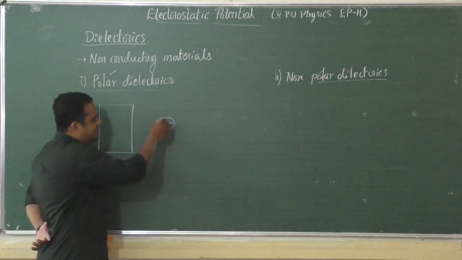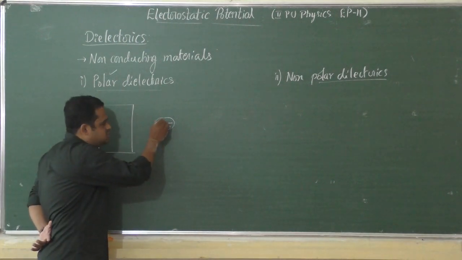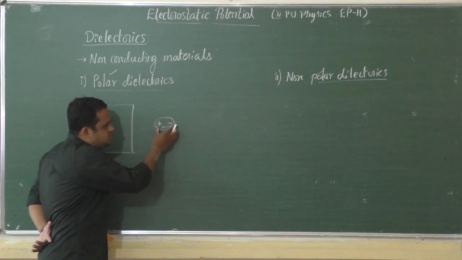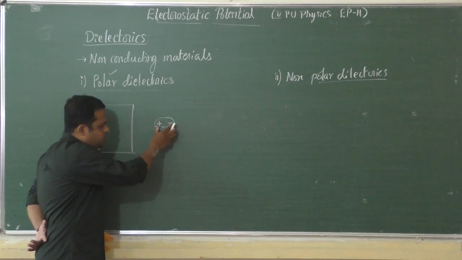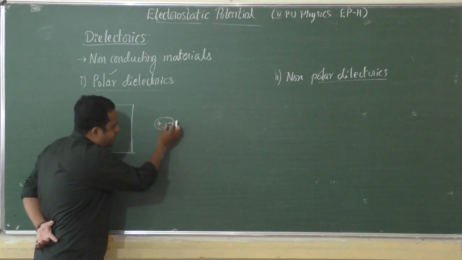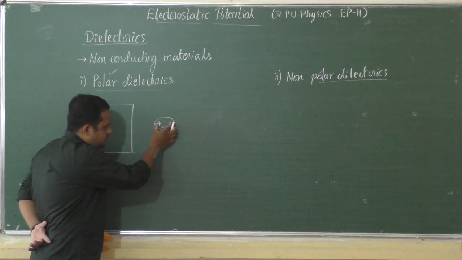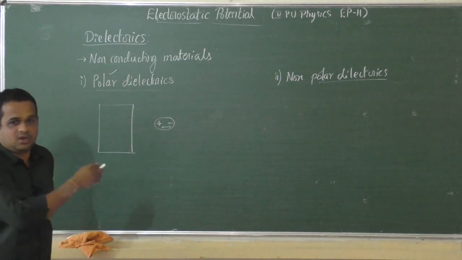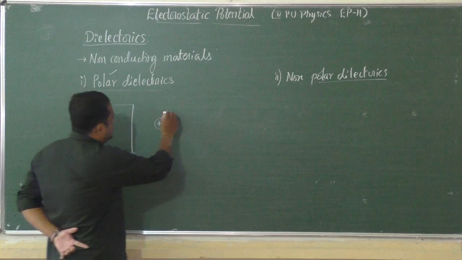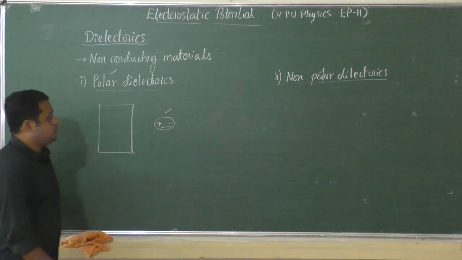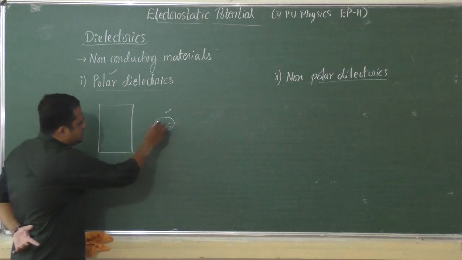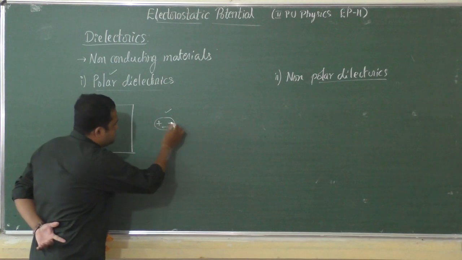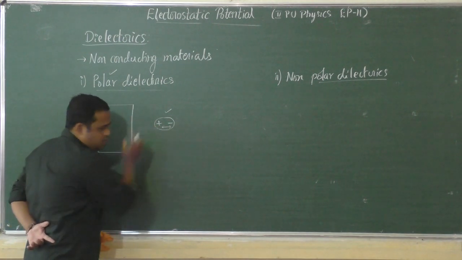We know that net positive charge on the molecule is equal to net negative charge. That means this is equivalent to a dipole, because positive and negative charges of equal magnitude but opposite polarity are separated by a small distance. It is called electric dipole. So in case of polar dielectrics, center of positive charge and negative charges are separated by a small distance.